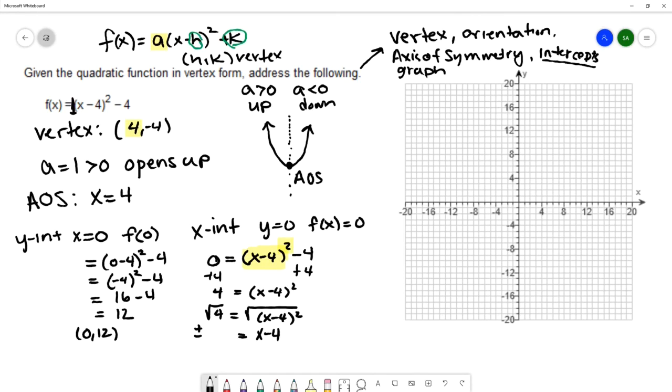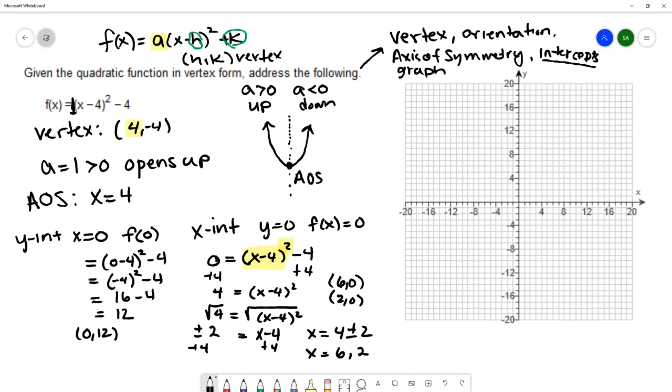And square root of 4 is 2. I'm going to add 4 to both sides, and that gives me x equals 4 plus and minus 2. 4 plus 2 is 6. 4 minus 2 is 2. So we have x-intercepts at the ordered pairs (6, 0) and (2, 0).